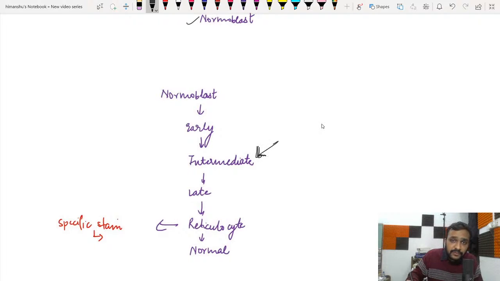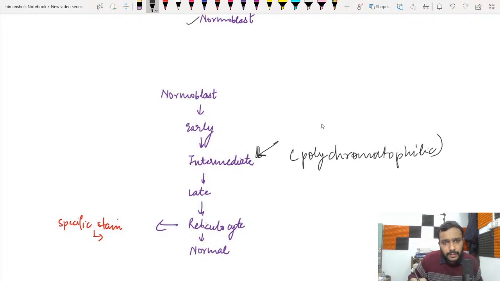Remember that this intermediate normoblast is polychromatophilic. And the nucleus is removed at which stage of a normoblast?